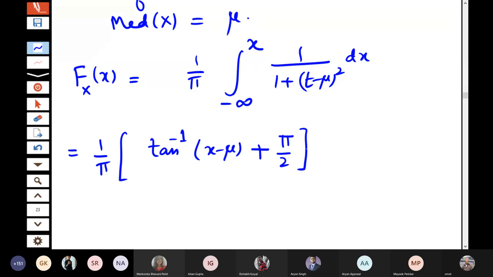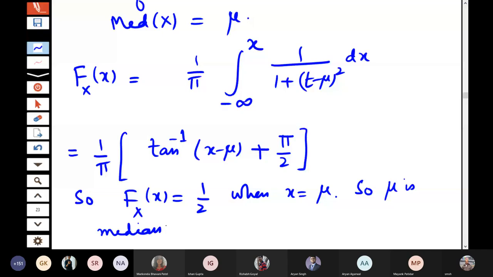So you can see here that at x equal to mu this will become 0, so you will get half here. Let us also see what are the other quartiles. F(x) is equal to half when x is equal to mu. So mu is median.